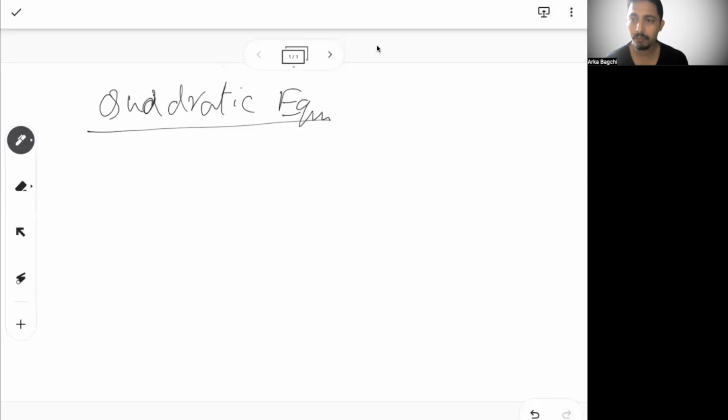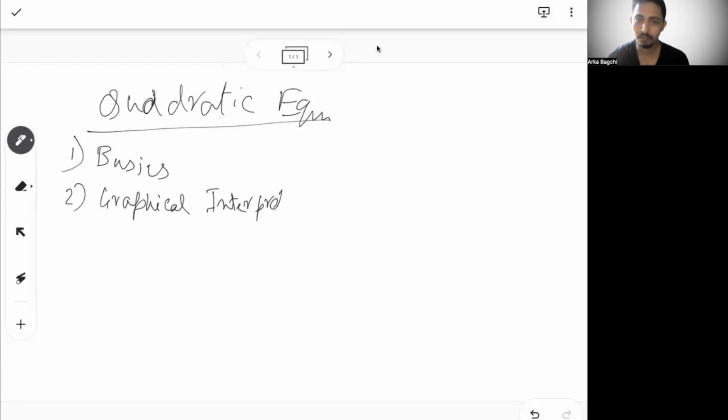So let's see what we are going to cover in this chapter. We'll talk about the basics of quadratic equation: what is a quadratic equation and how it is formed. Then the graphical interpretation, which is very important when working with a quadratic equation.